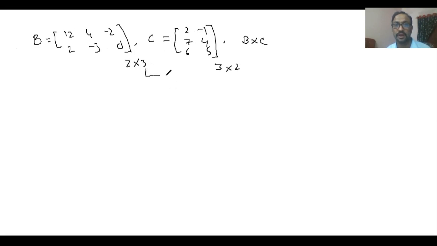So yes, they are equal, which means multiplication is possible. And these two outer numbers tell you the order of the product: the resulting matrix will be of order 2 by 2. Okay, let's try.